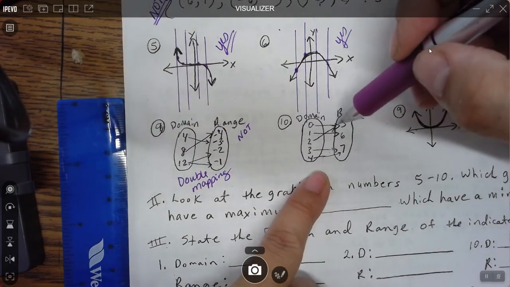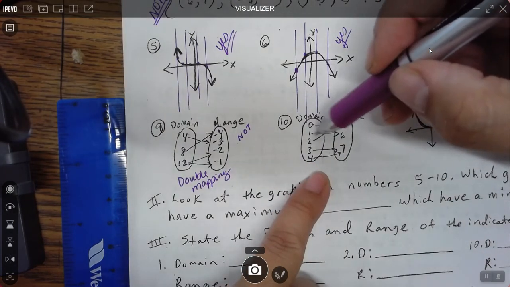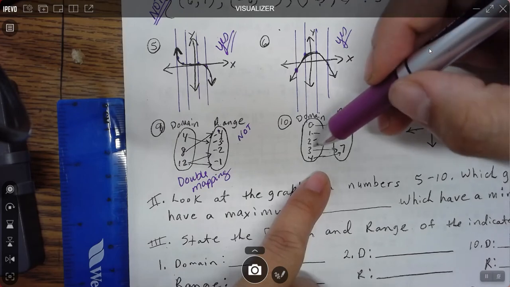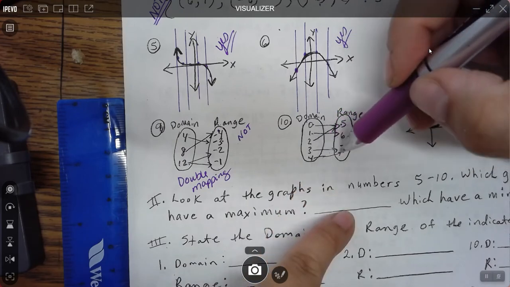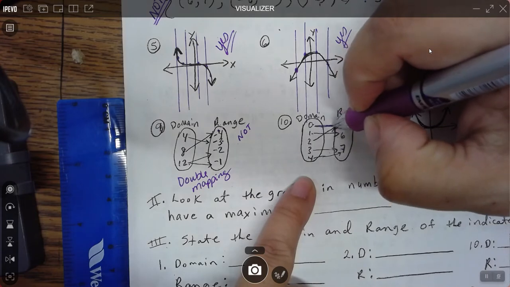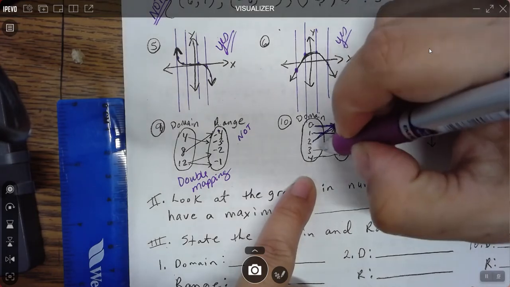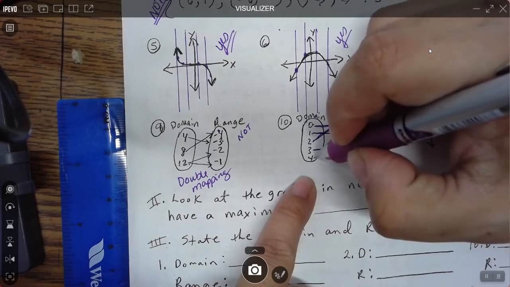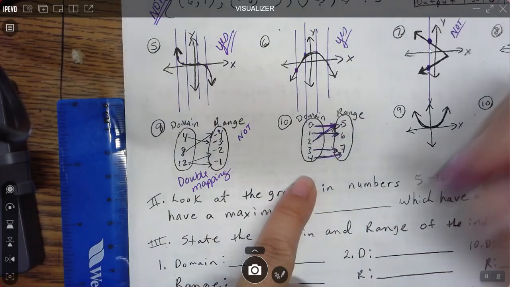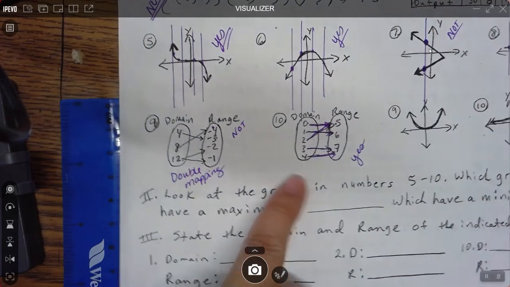All right, 0 to 5, 1 to 6, 2 to 5, 3 to 7, 4 to 7. So yes, there's only one arrow leaving every single x, so there's no double mapping. Every x has only one pairing. So then this one is yes.